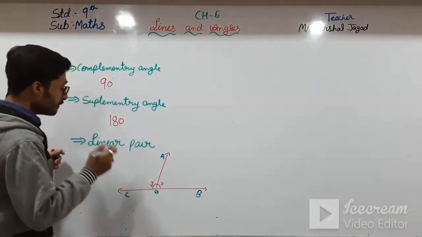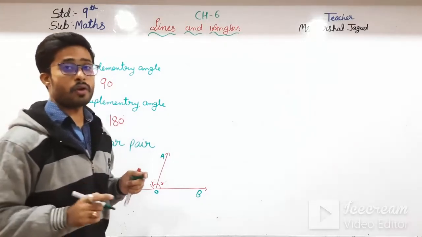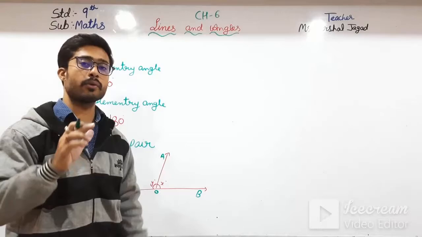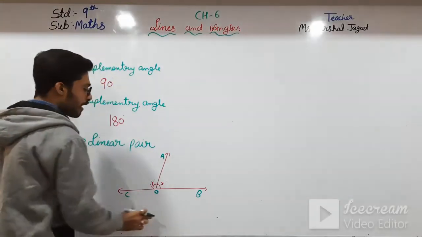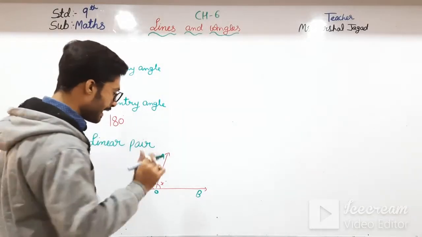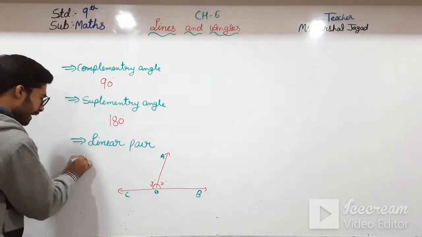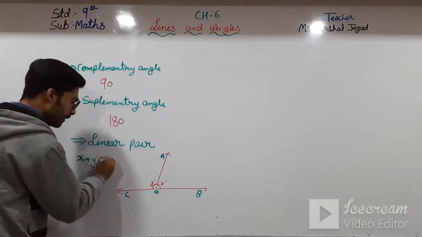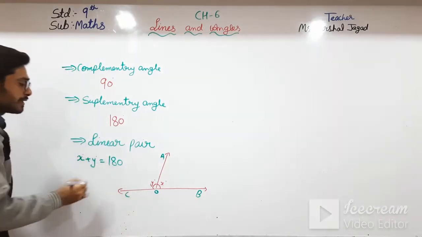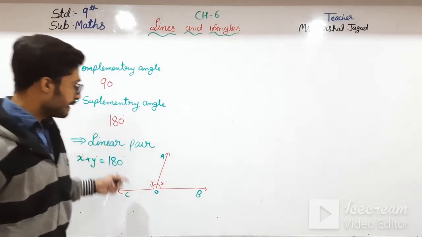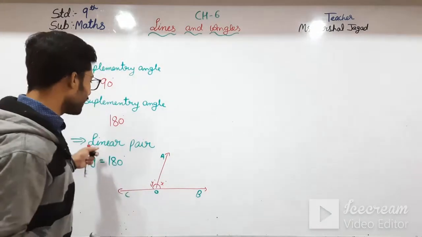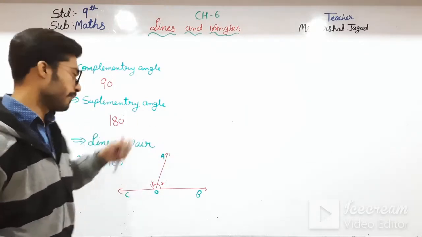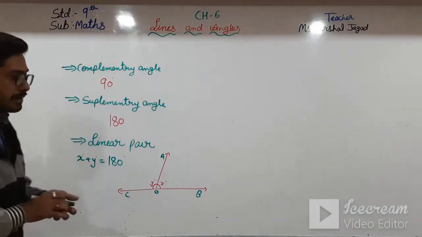Then the non-common arms, that is OB and OC, are opposite to each other, and if the total of x degree plus y degree is equal to 180, then we can say that these angles are linear pairs. Okay, students. So this is linear pair.